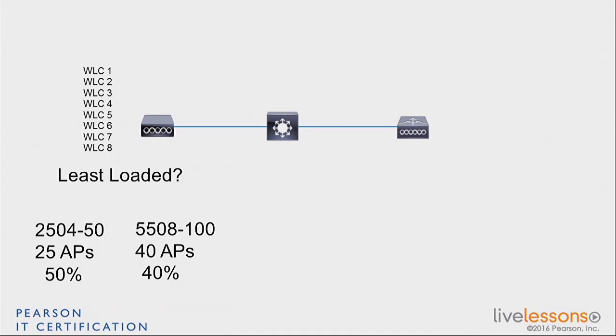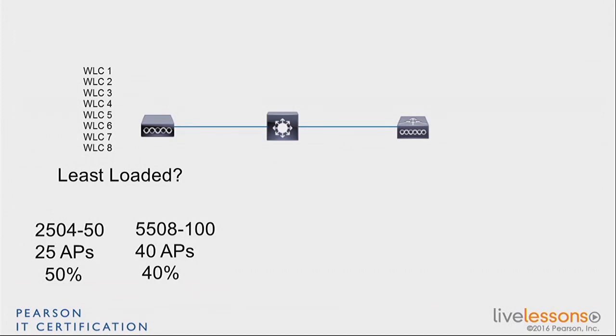So the load is going to be a relative value of total possible amount of access points to today connected access points. So although the 5508 has 40 APs and the 2504 has 25, the 5508 has a 40% load and the 2504 has a 50% load. So the AP is going to choose the 5508 in that case.